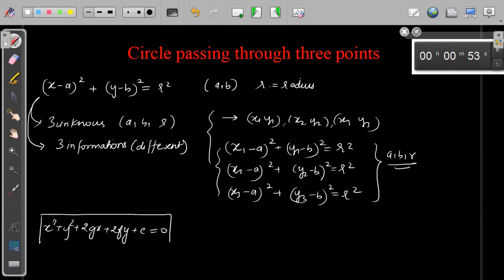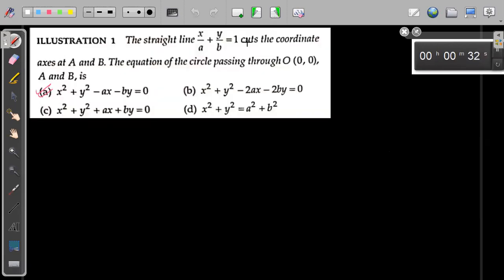From this equation also we can use the three different points, point 1, point 2 and point 3, substitute them, and we will get three different equations in terms of g, f and c. We can solve them and find the values of g, f and c. If g, f and c are known, then we know the whole circle.